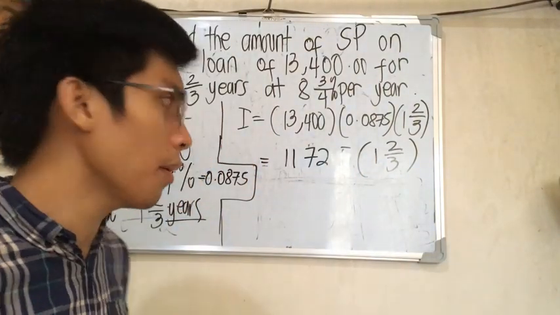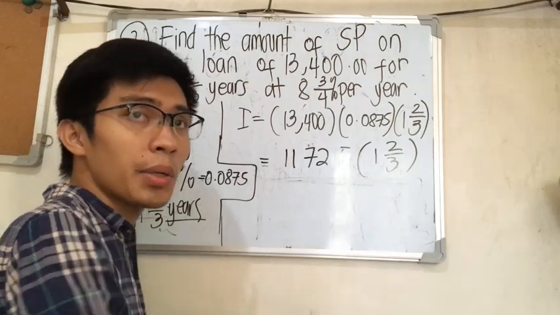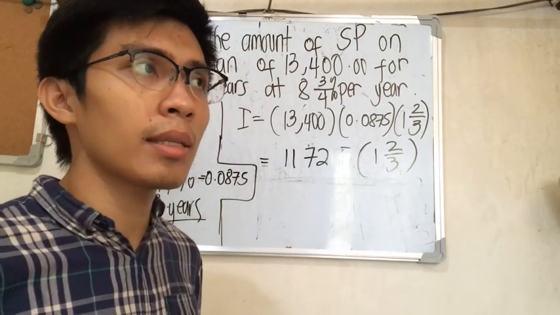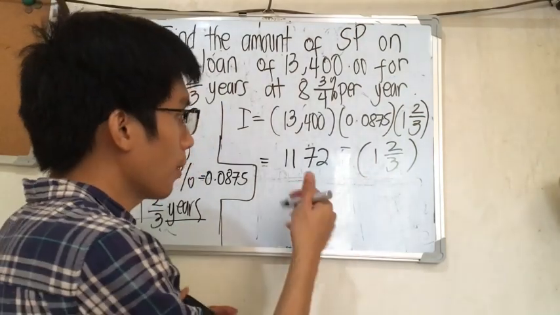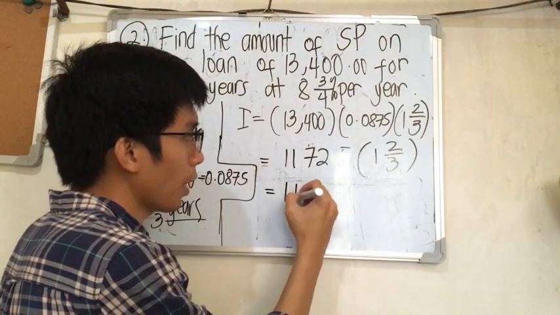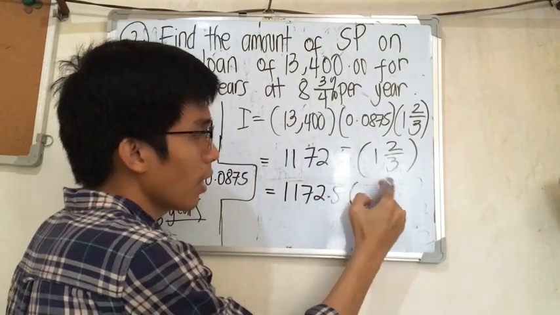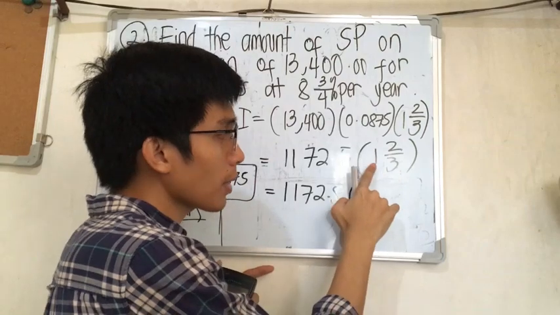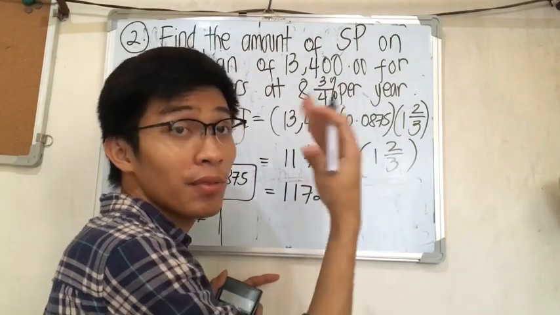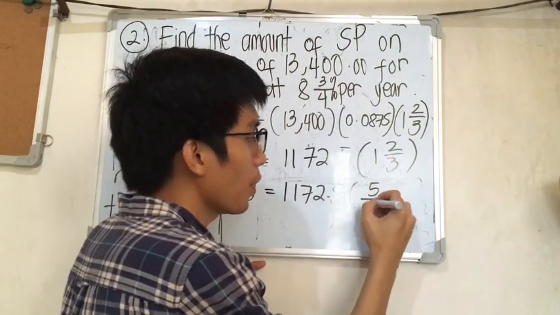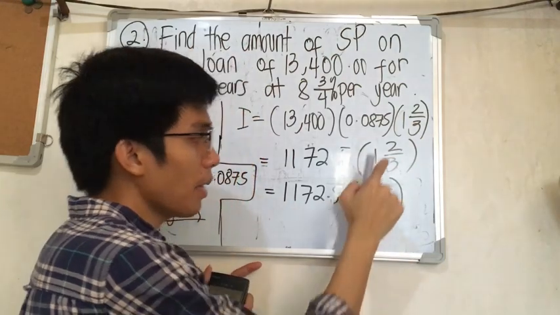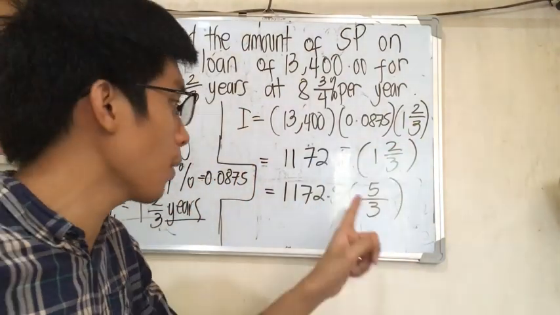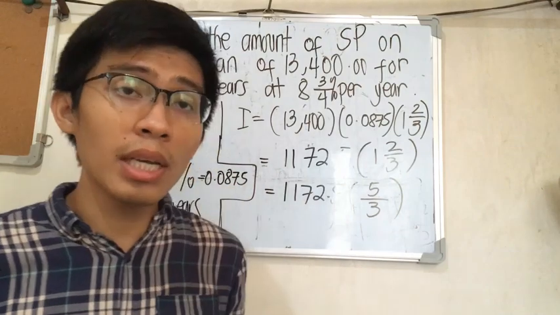But to make it even clearer, let's convert it into an improper fraction. That is equivalent now to 3 times 1, that is 3, plus 2, that is 5. So that is 5/3. Copy the denominator, meaning 1 and 2/3 years is equivalent to 5/3 years.